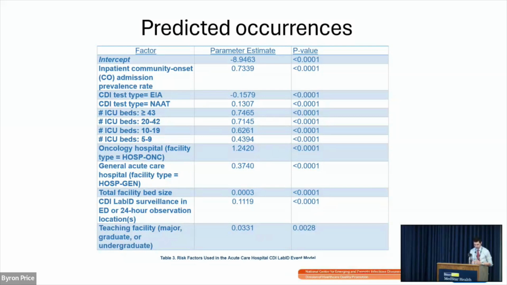And these are the risk factors that are listed in the NHSN document on SIR. And so you see, it contains a lot of things you'd expect. How many ICU beds you have, whether you're in a facility with oncology patients, you're a teaching facility, the size of your bed, and all of these are weighted and give an expected amount of C. diff cases that you would expect to see.